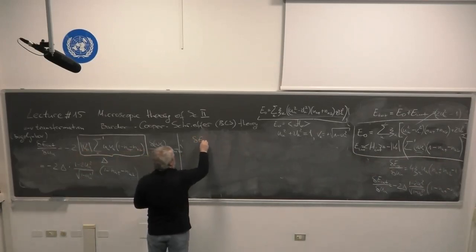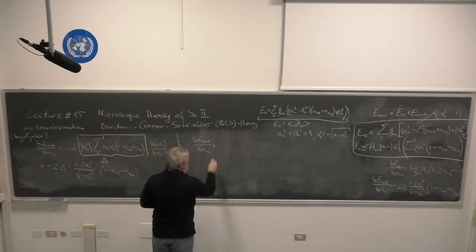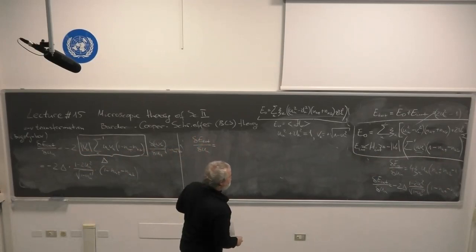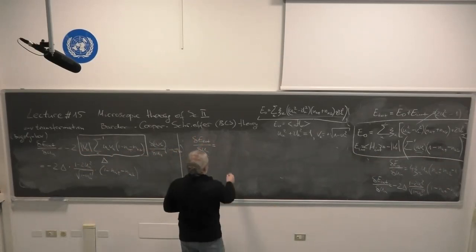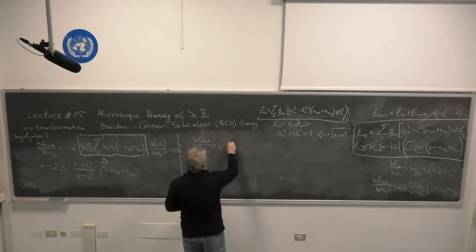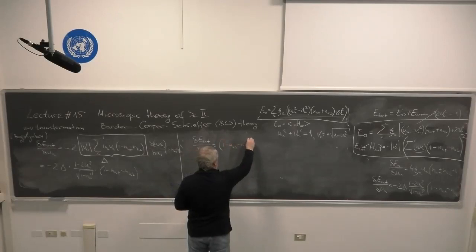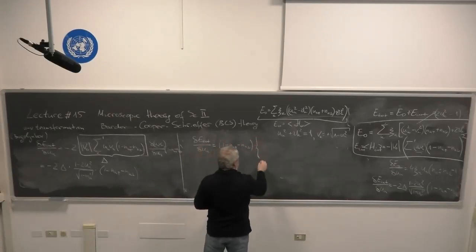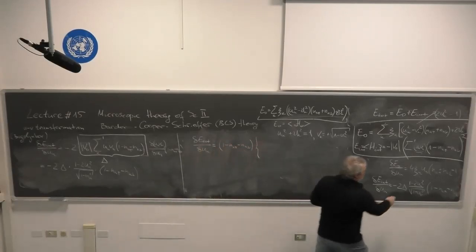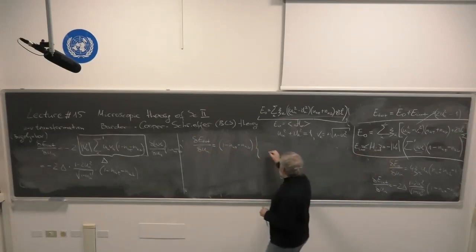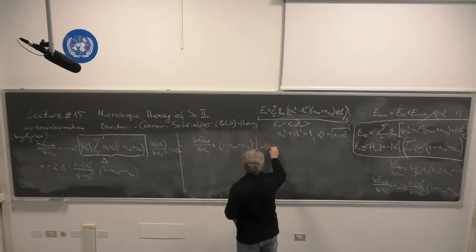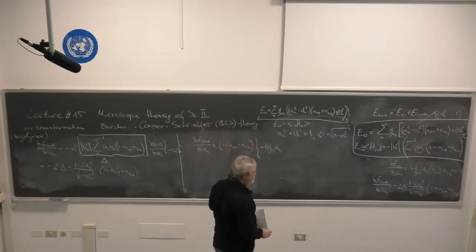δE total over δu_k is equal to. Let me first take the multiplier 1 minus n_k up minus n_k down, because both brackets are proportional to it. From the first term, I have minus 4 ξ_k u_k.